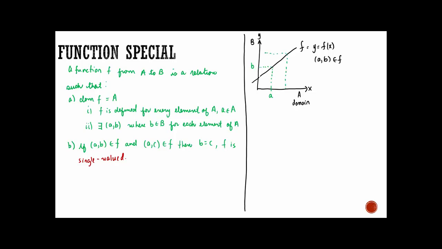So if you choose a value for A, there will be a value of B for each element of the range. So if you pick a value in the domain, then that's going to be mapped to a range value in Y. So this is a single value function f.